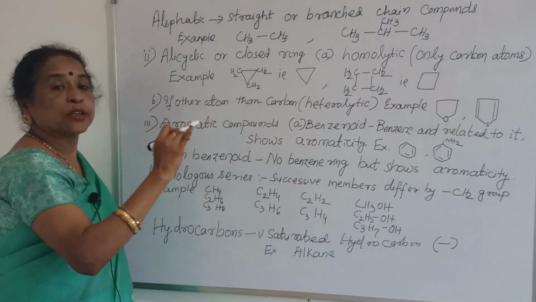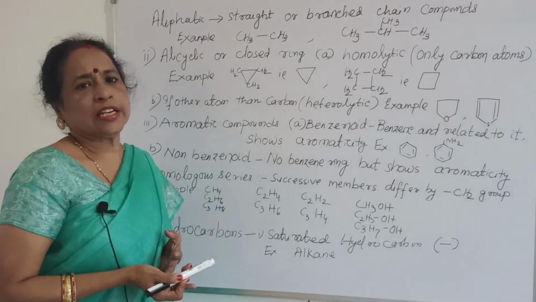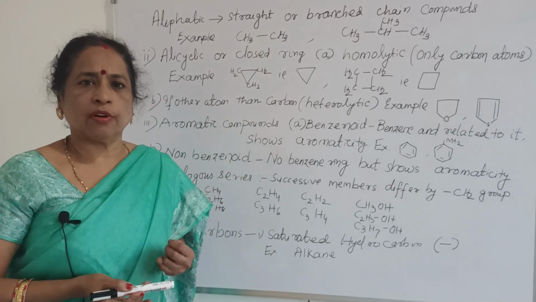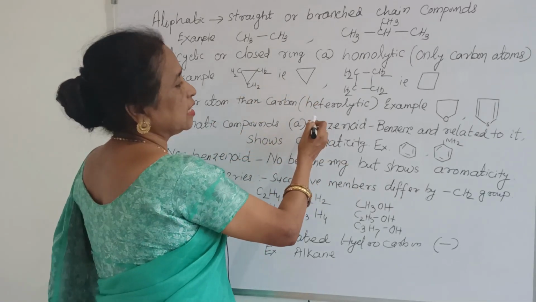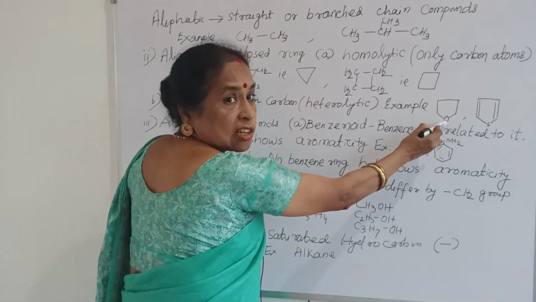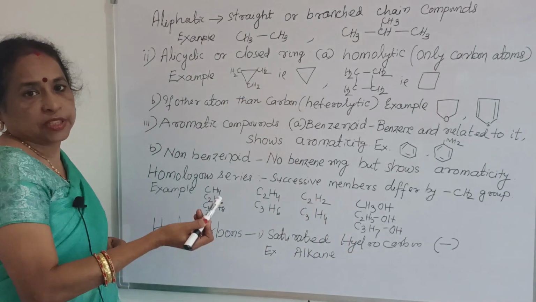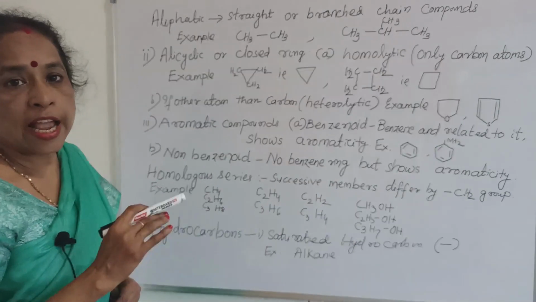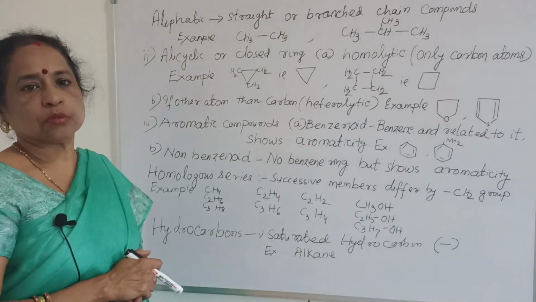Then come to heterocyclic. Heterocyclic means if atoms other than carbon, just like oxygen, sulfur, nitrogen, are present in a closed ring, then it is called heterocyclic. Now see this example, here oxygen is the other atom, then carbon, and sulfur is also another atom, then carbon, so it is called heterocyclic.